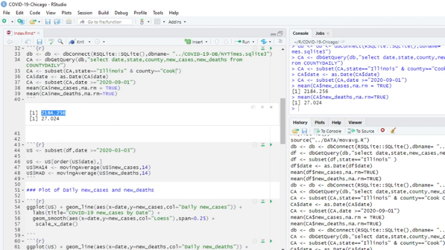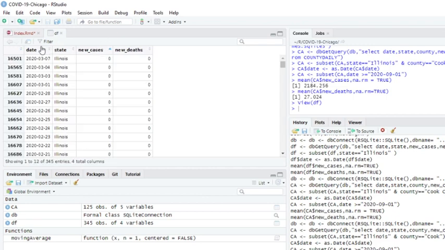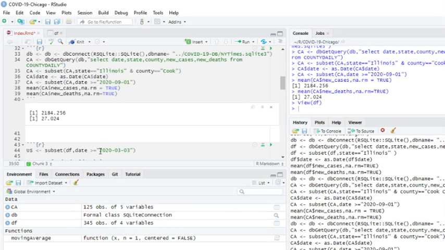Okay, so let's come back up here now. Take a look here. So the first case was on 1/30. And this one's probably deaths.